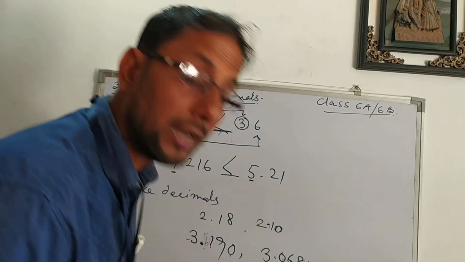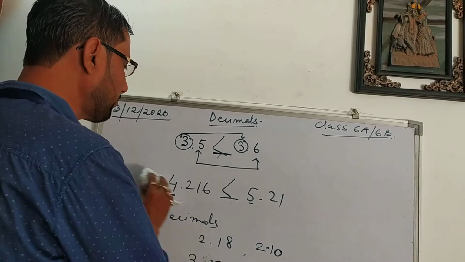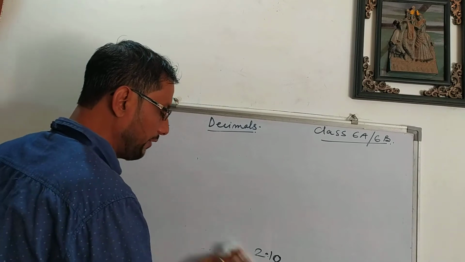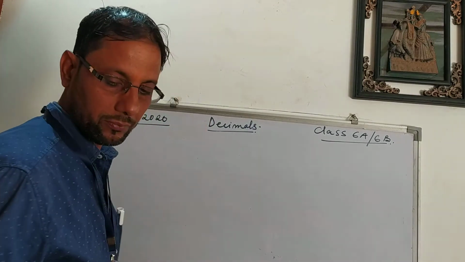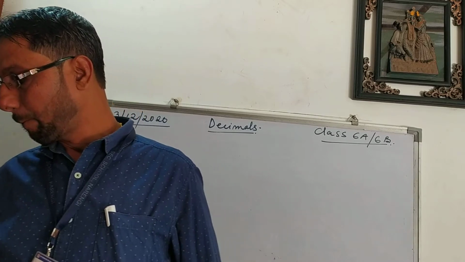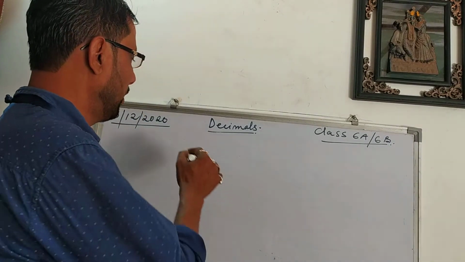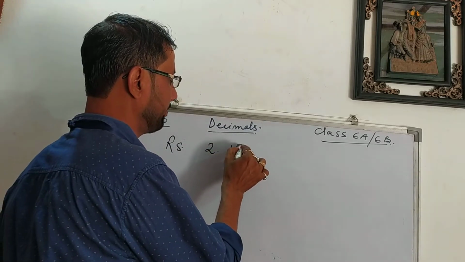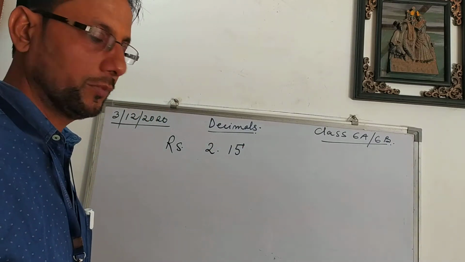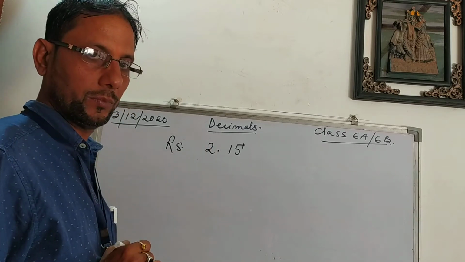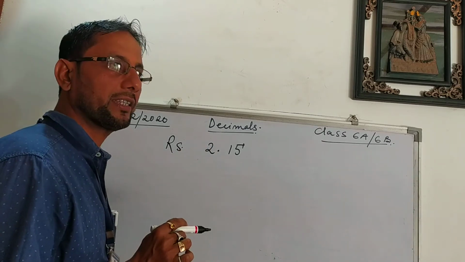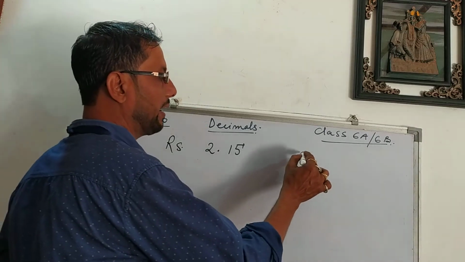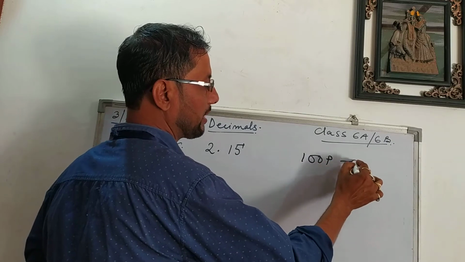Now students, let us learn how we convert a number into decimal. Let me give you one example. Suppose it is given rupees 2.15. I have to convert this into paisa. As we have already done in previous classes, 100 paisa is equal to 1 rupee.